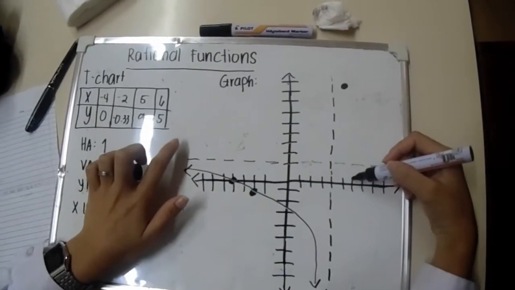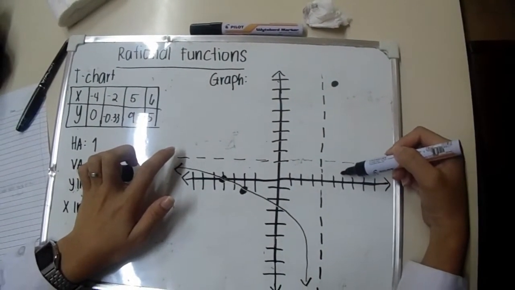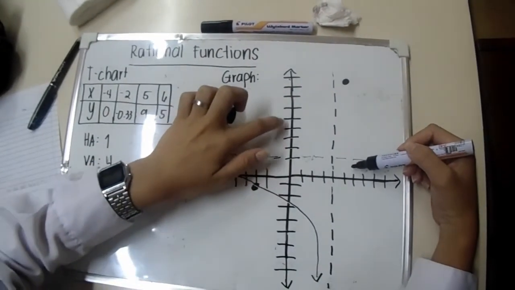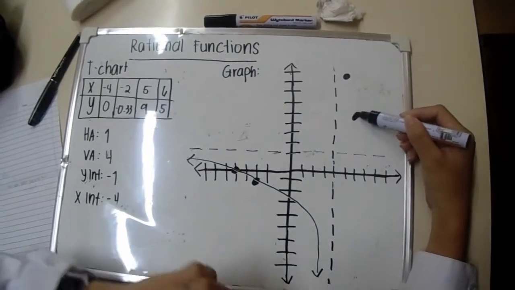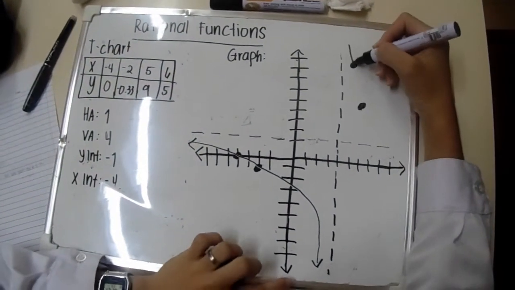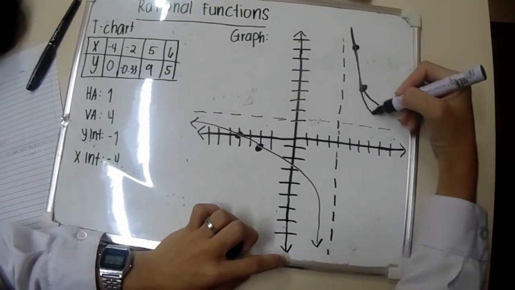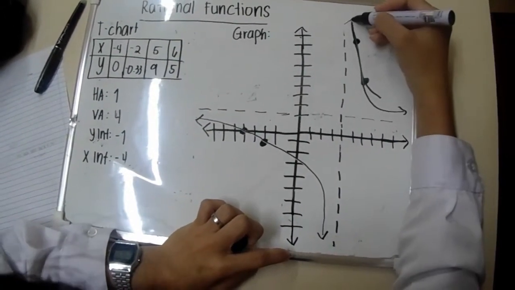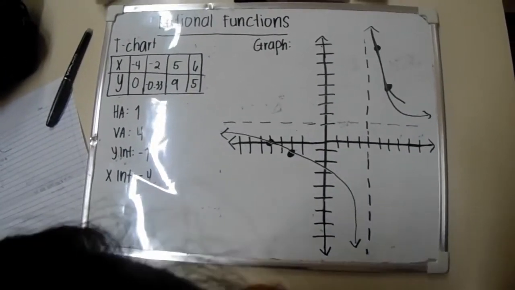Positive 6 and positive 5. That's how you graph rational functions.